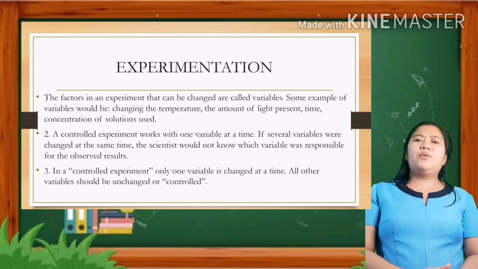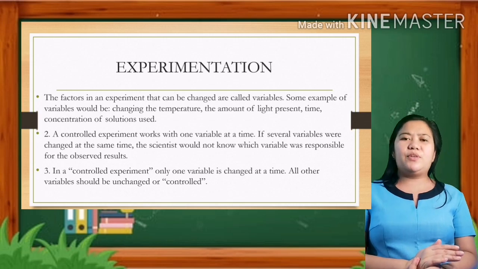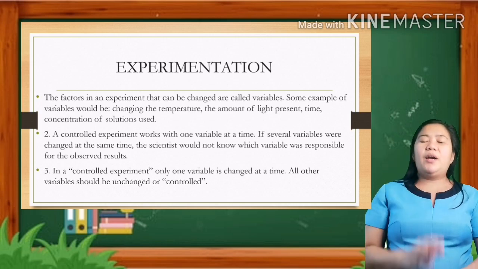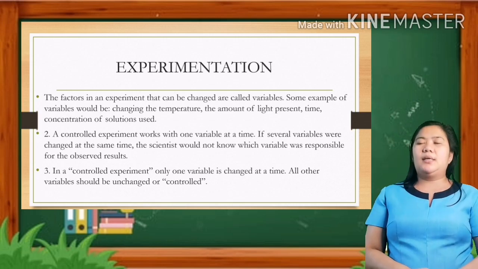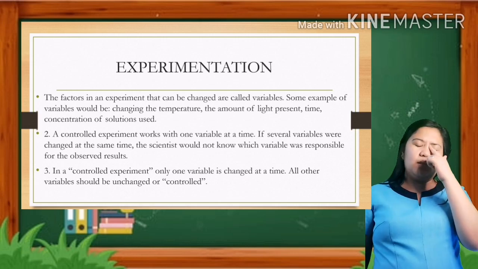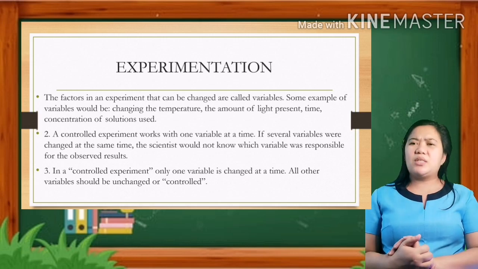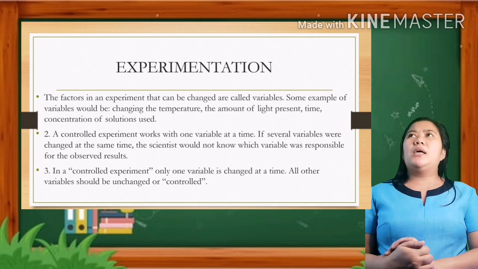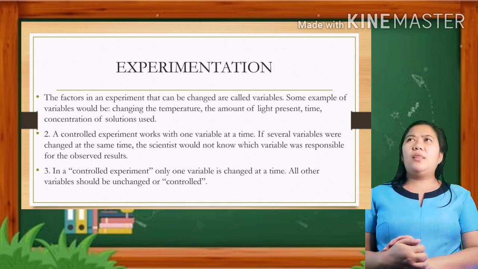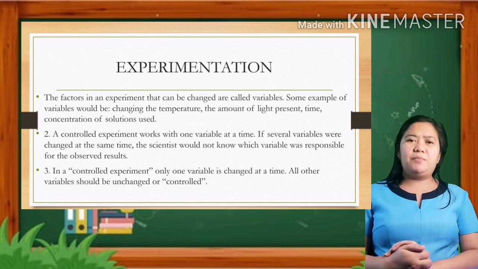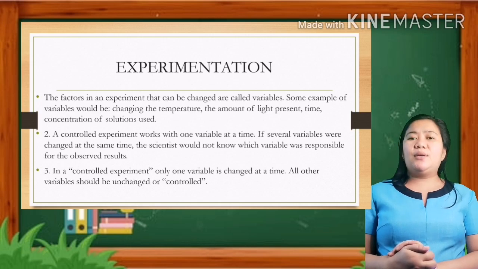So firstly, in your problem, you need to state what variable you're going to test. For example, in your problem statement: what is the effect of saline solution on the growth and development of plants in a hydroponic setup?